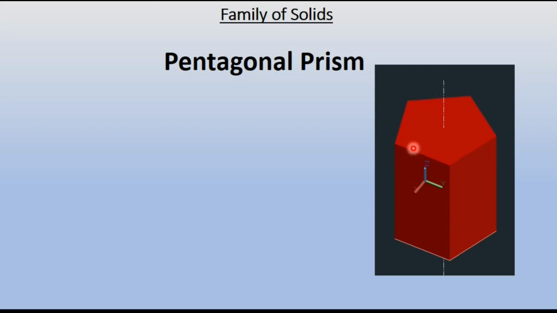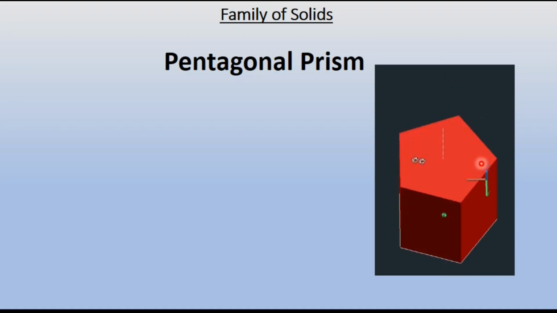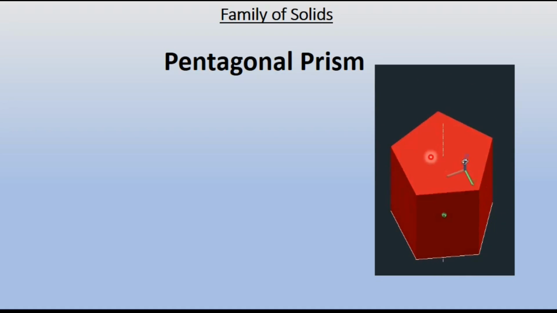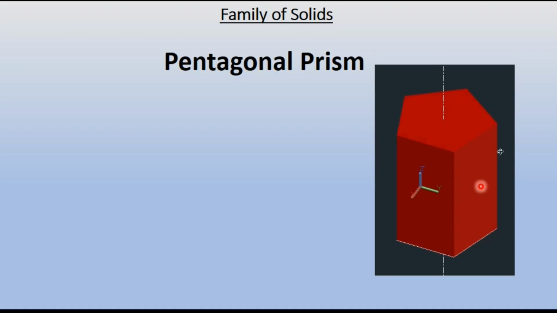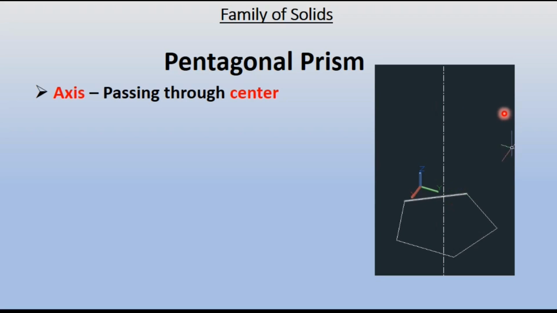There will be a pentagon on the top and in the bottom. So here you will see the pentagon easily from above. There is an axis passing through the center.